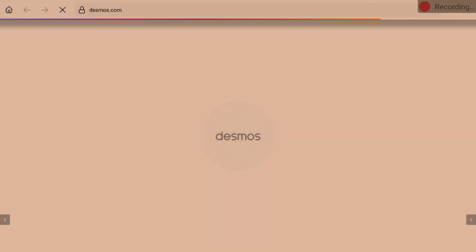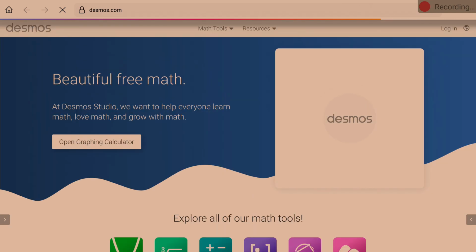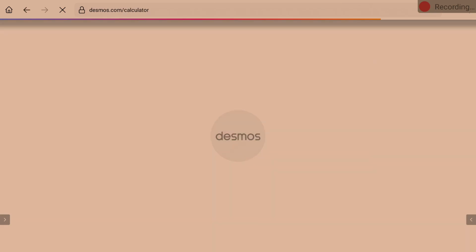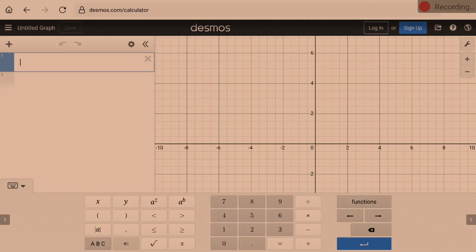Guys, remember when you get to Desmos, you can go open graphing calculator, you can go to math tools, resources, there's a couple different places you can look. Math tools, graphing calculator. Or it probably just comes up there already, doesn't it? Okay, remember you just have to type it in. Y equals, and you don't even have to put the y equals, but I like to.